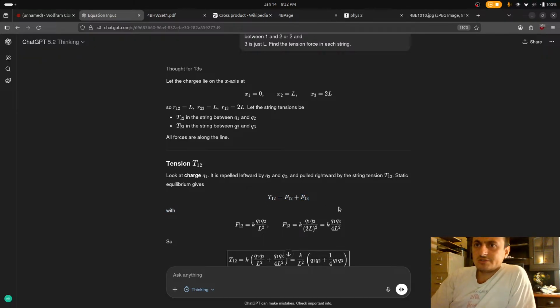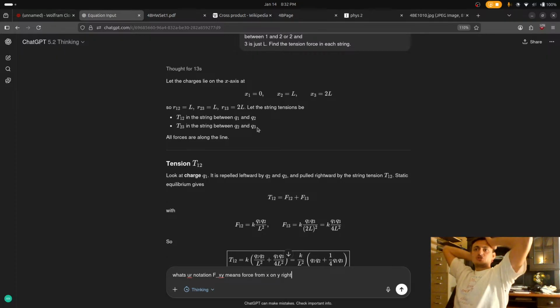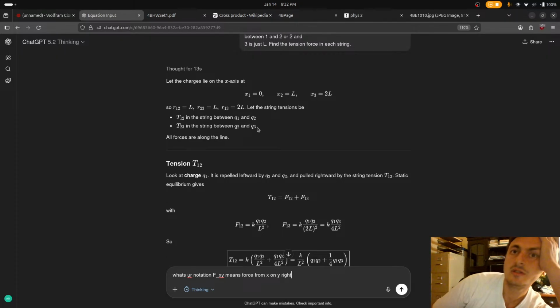T12 is equal to, let the string tensions be T12 and T23, all forces along.